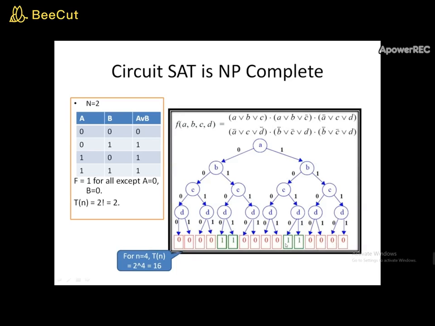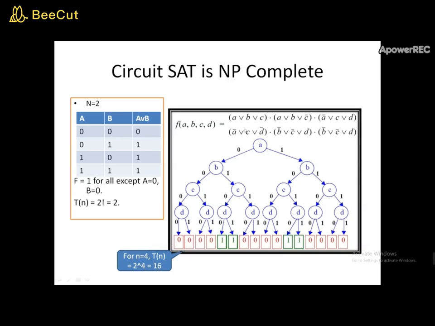combinations over here. Since I have 2 to the power of n combinations, it is a non-deterministic polynomial time complexity. When I say polynomial time complexity, it's only n squared, log n, and so on. All these are polynomial time complexities, whereas 2 to the power of n is non-deterministic polynomial time complexity.